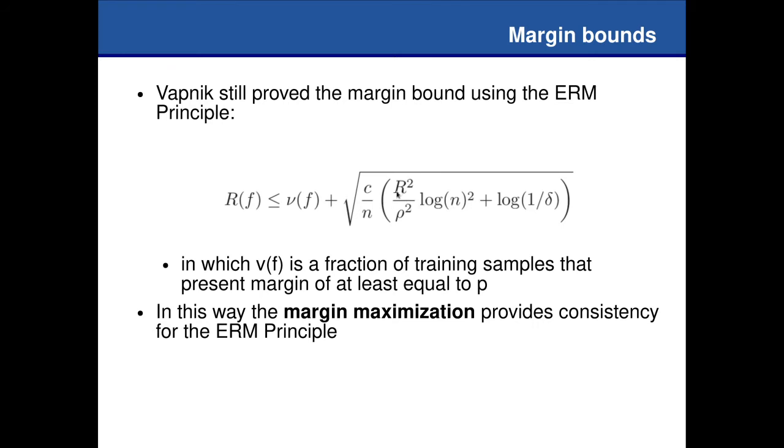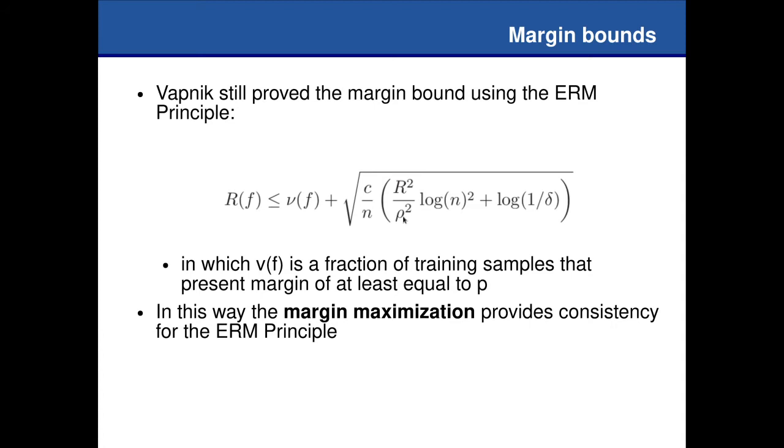But on the contrary, if my radius is very large, and of course, this rho is quite small, and tends to be really close to 0, this is going to increase a lot. By increasing this, again, all this together is the same as having n to the power of some constant p, as we discussed before. So that's the same as increasing the shattering coefficient if R is very large and rho is very small, as I mentioned before.